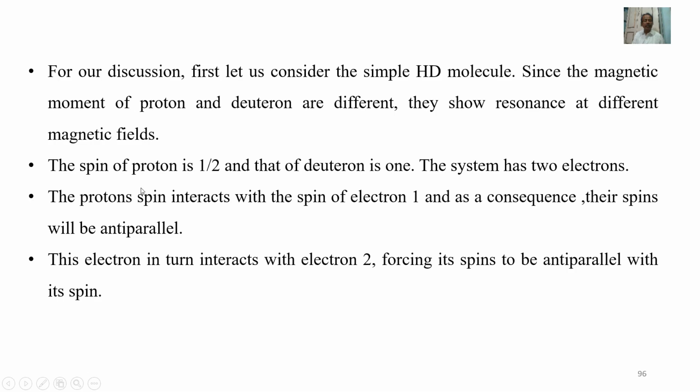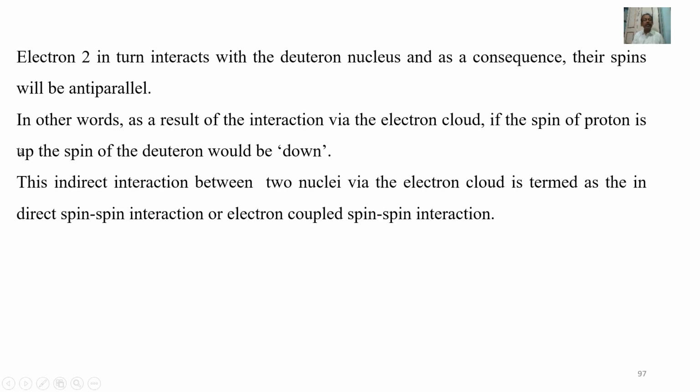The proton's spin interacts with the spin of electron 1 and, as a consequence, their spins will be antiparallel. This electron in turn interacts with electron 2, forcing its spin to be antiparallel with its own. Electron 2 in turn interacts with the deuteron nucleus and, as a consequence, their spins will be antiparallel.